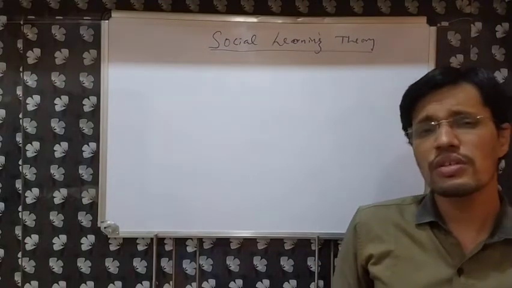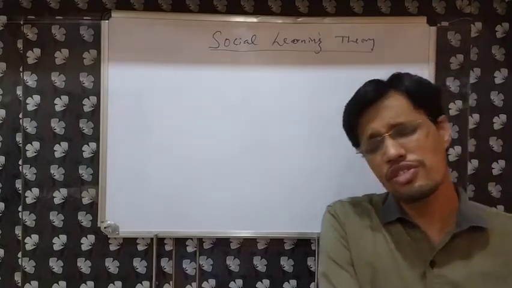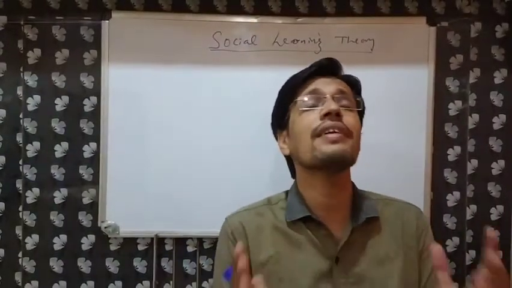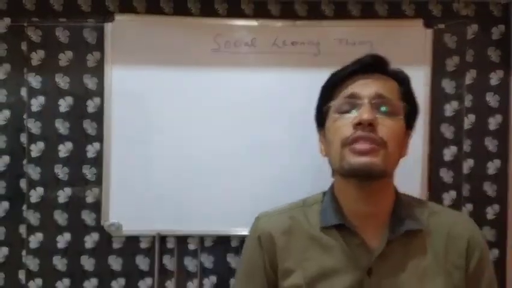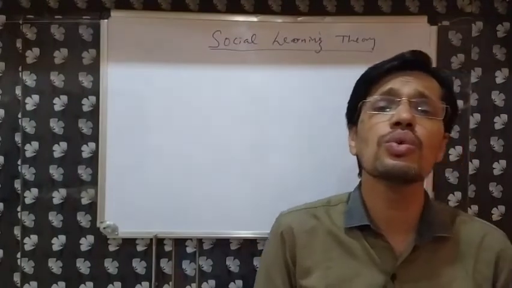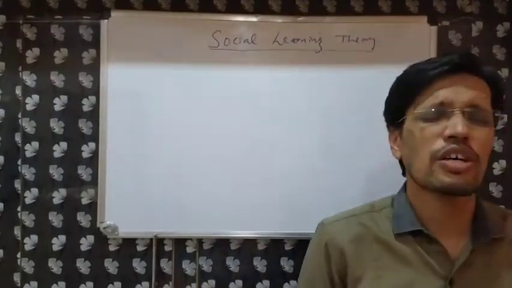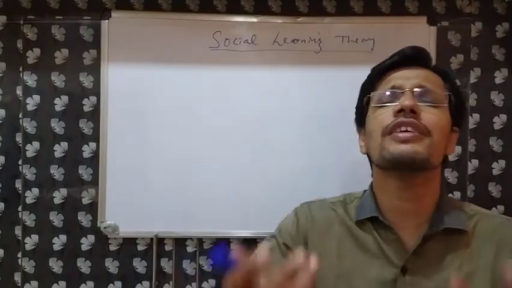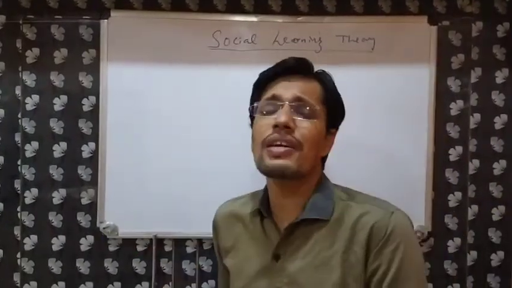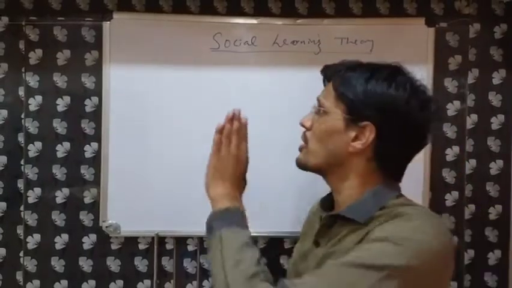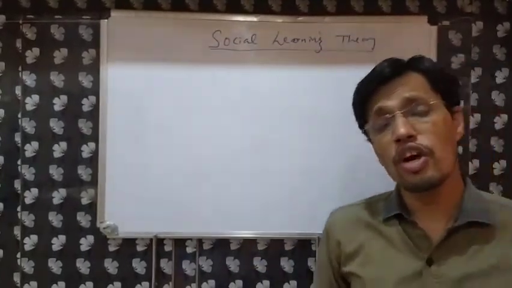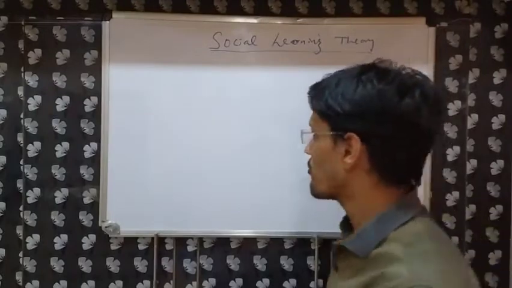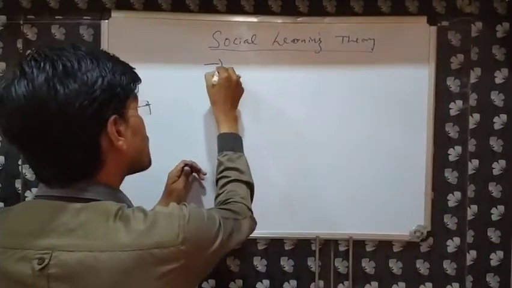It requires a systematic process. One cannot blindly observe things and do the task accordingly. Blindly observing, imitating and practicing is not possible. Usually social learning theory comes with 4 major steps. First it is attention.